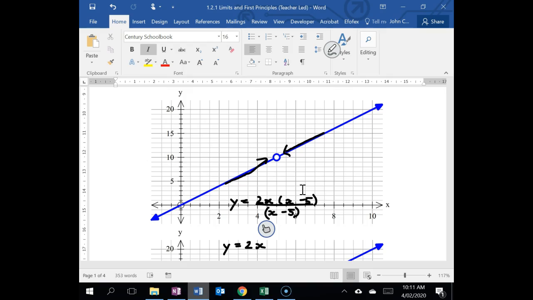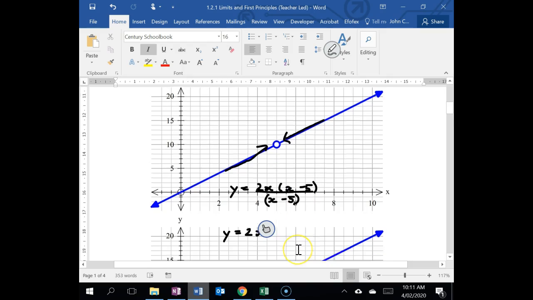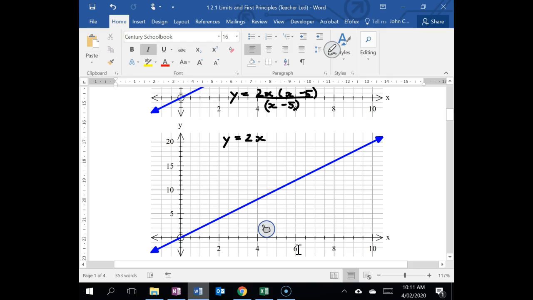So what the y-coordinates of the arrows are approaching is the same here as it is on this graph as well. You see, if I draw the arrows here, I've got 5 there.